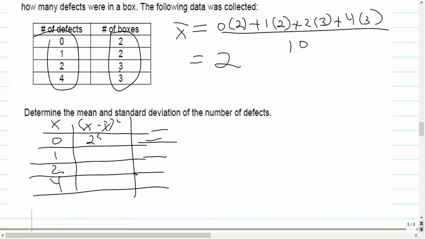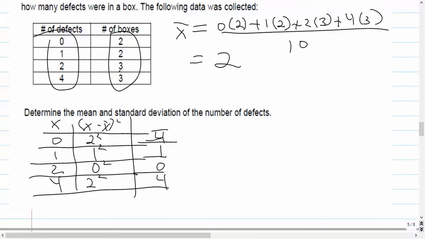Again, you don't have to carry the negative sign because you're squaring. 1 minus 2 is 1 squared. 2 minus 2 is 0 squared. 4 minus 2 is 2 squared, right? So you get 4, 1, 0, and 4.